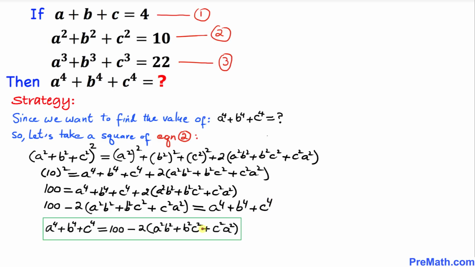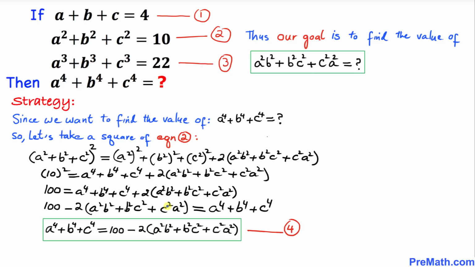I am going to call this equation number 4. Thus our goal is to find the value somehow of a square b square plus b square c square plus c square a square. Then we will be done.